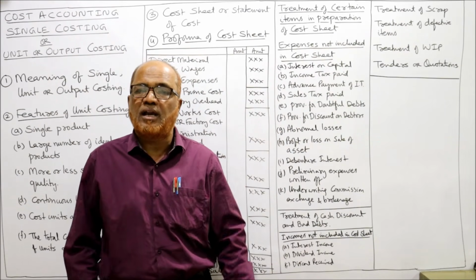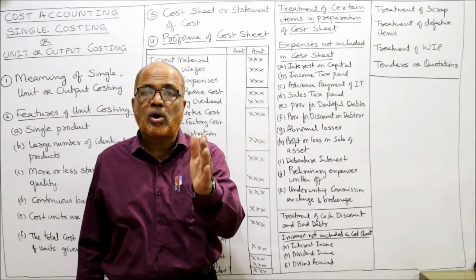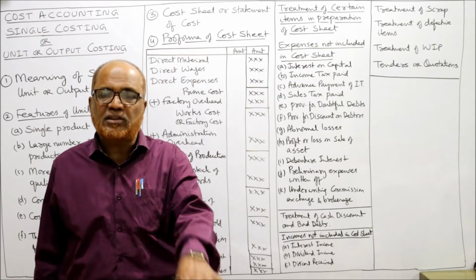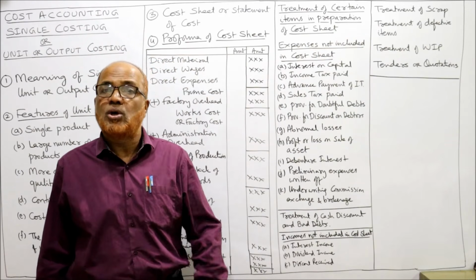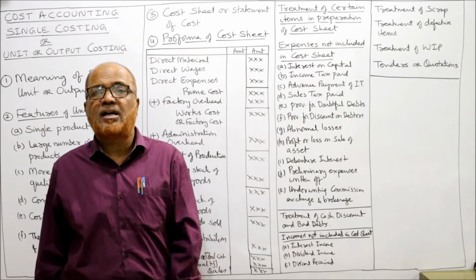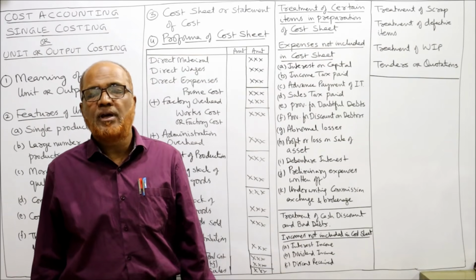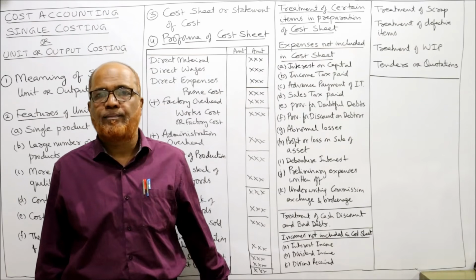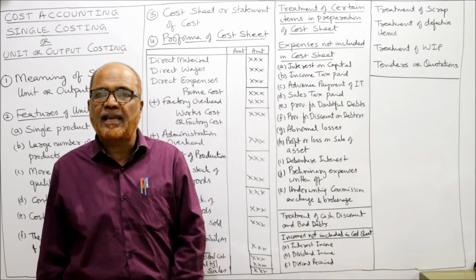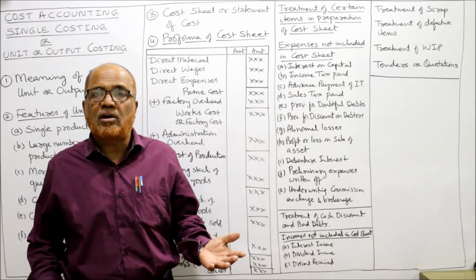It should not be taken in cost sheet. One school of thought, a group of authors says. Whereas another group of authors, second school of thought says, no, cash discount and bad debts are also cost accounting items. It should be considered in selling and distribution overhead. Now there is a controversy.